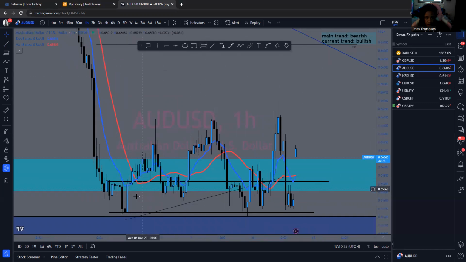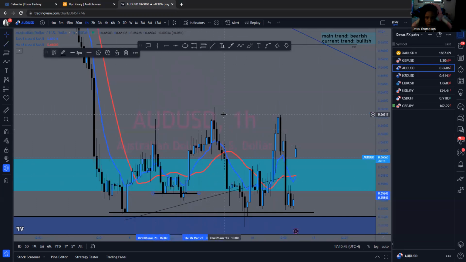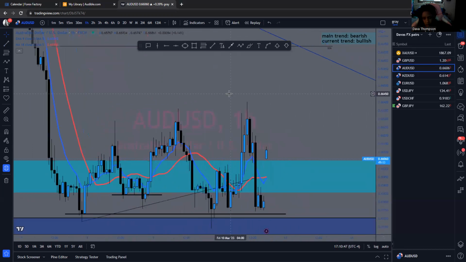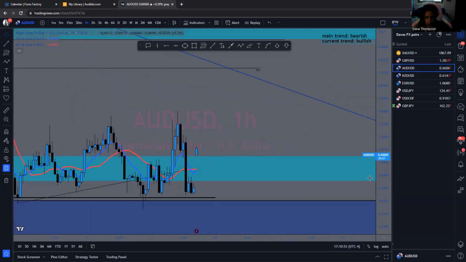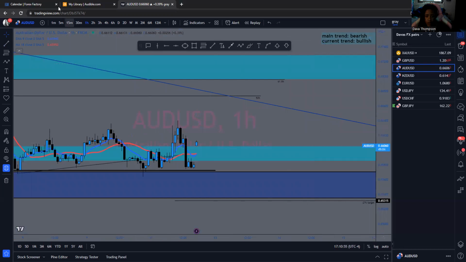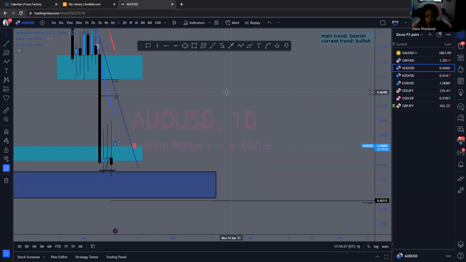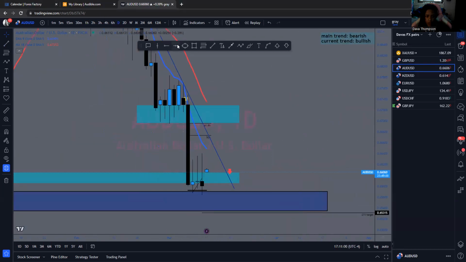So I was like, anything that comes back to this level or even this level, I think I got some buys here too. Then it worked out pretty well. But my bias for this week is also bearish, very much so. I'm going to wait for the bearish transition to happen, and then I'll see what happens from there.